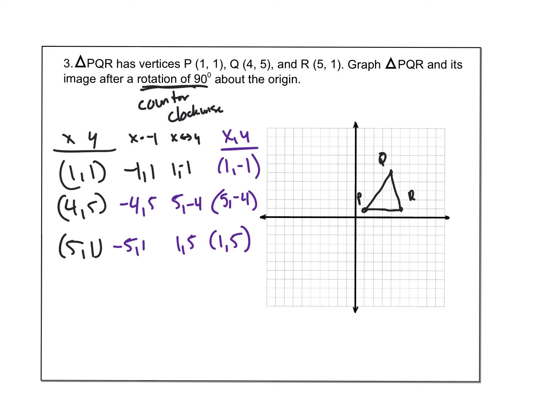So now, rotated 90 degrees about the origin, 1, -1 is the new point P. 5, -4 becomes the new point Q, and 1, -5 becomes the new point R. So that is a 90-degree rotation. That's it.